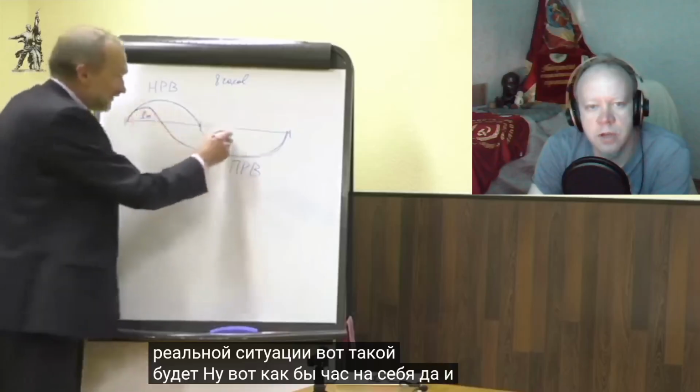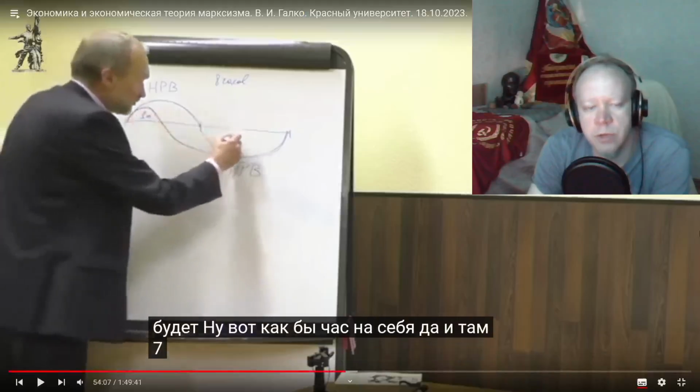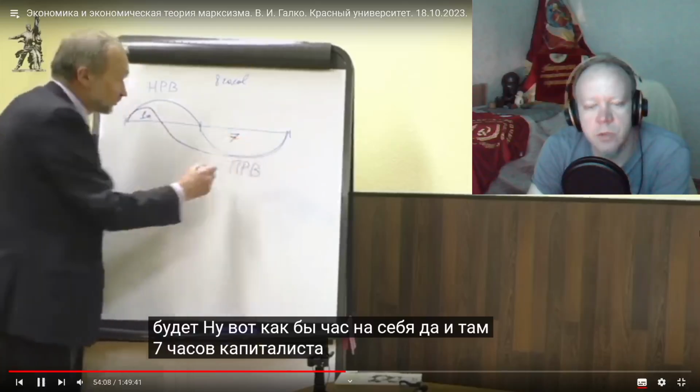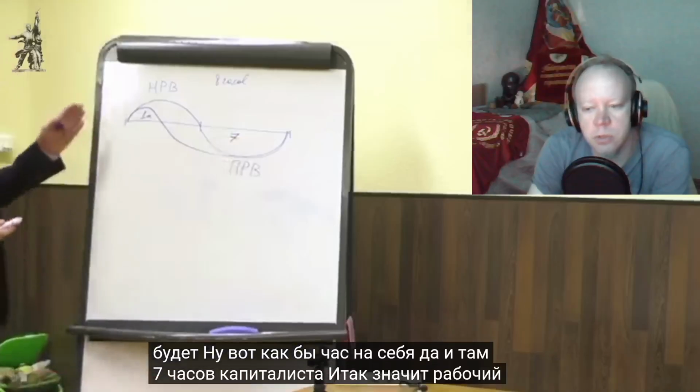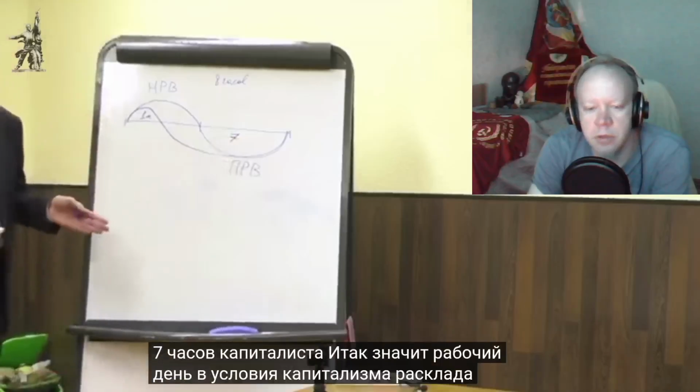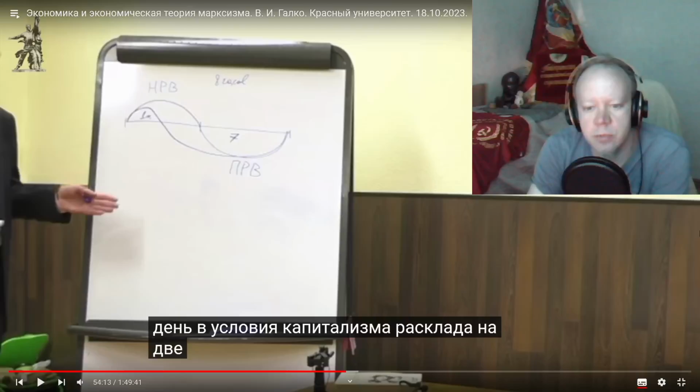So this is an hour he works for himself, the necessary work time. And this one is surplus work time. 7 hours he works for the capitalist. So yeah, in conditions of capitalism, the working day is divided in two parts.